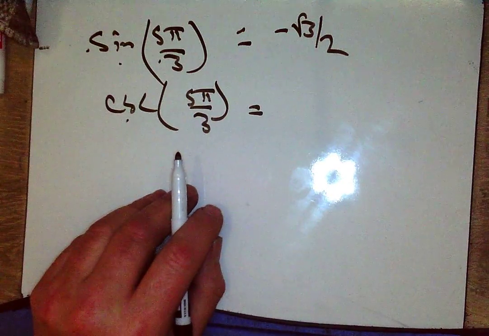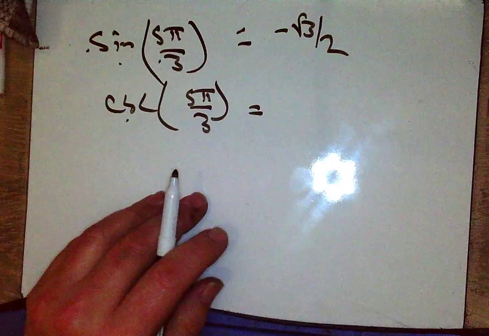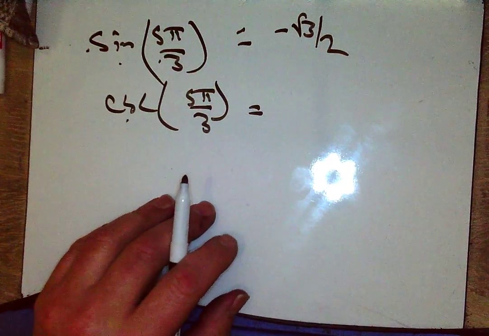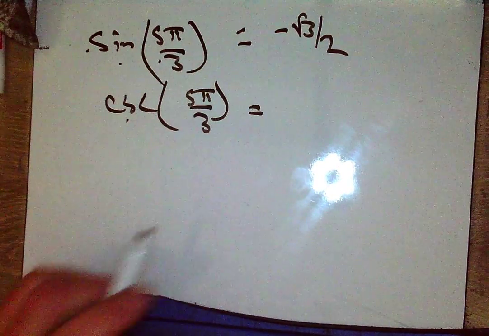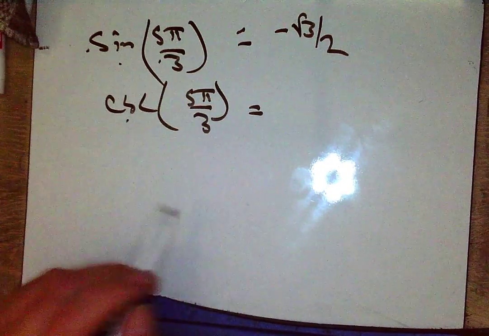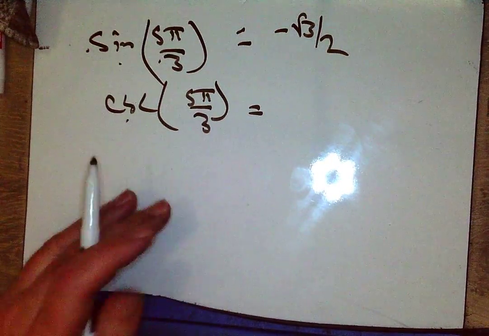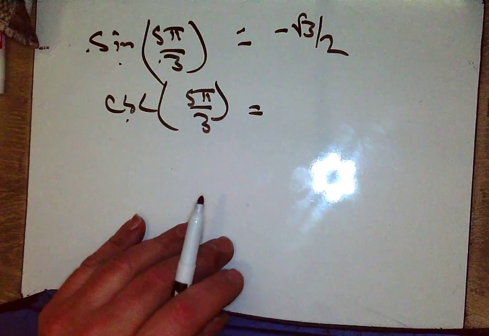They are, though, co-functions. And we'll be talking soon about co-function identities. Functions that are co-functions, like secant and cosecant, or tangent and cotangent, sine and cosine, have an interesting relationship with each other.